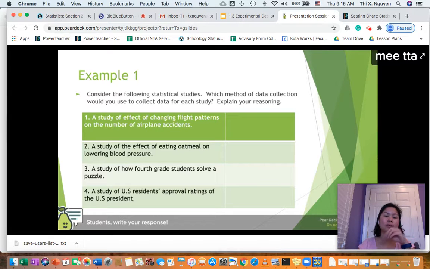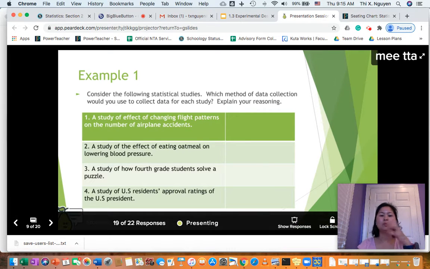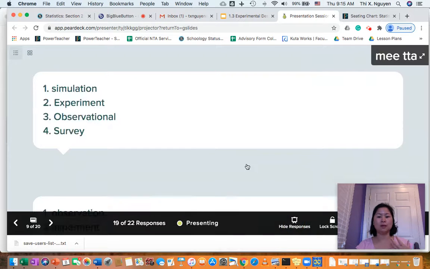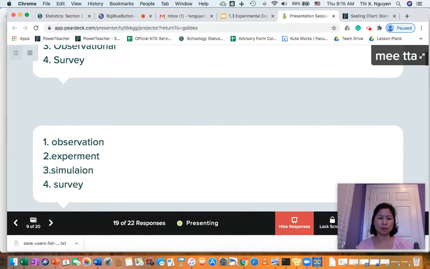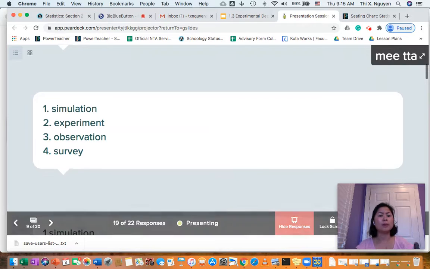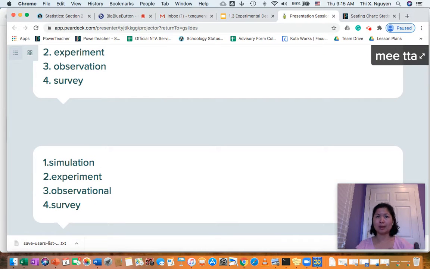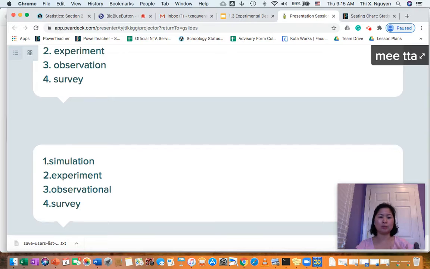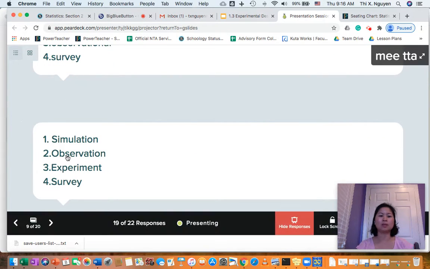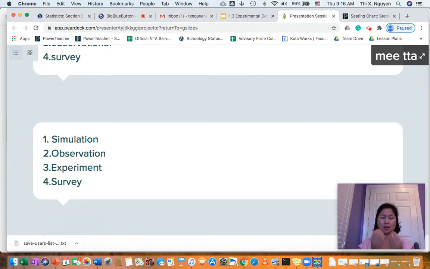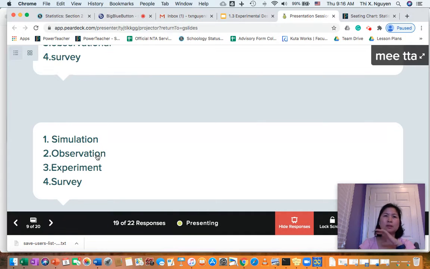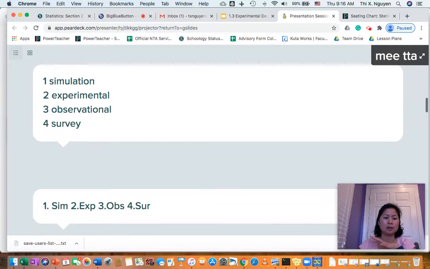If you put down observation, I may see why, but this one you're actually giving oatmeal. So experiment is the correct answer. But if you say observation, I can still take that as long as you can back it up with your explanation. Like this person said observation, I may say it's okay, but the correct answer is experiment because you actually give the oatmeal. You actually do something toward the population. So that's why observation is not quite right. It could be, but it's not quite.